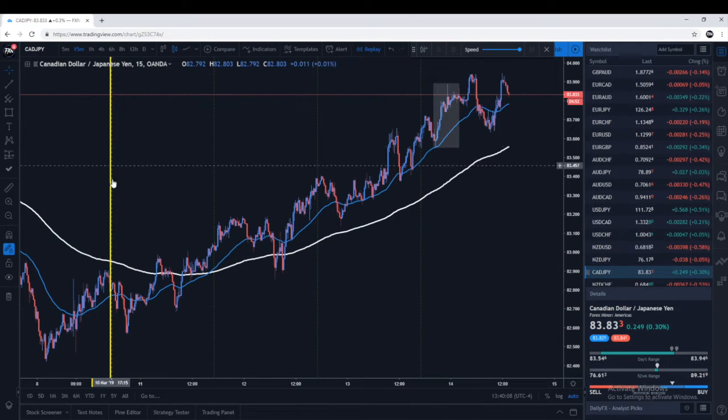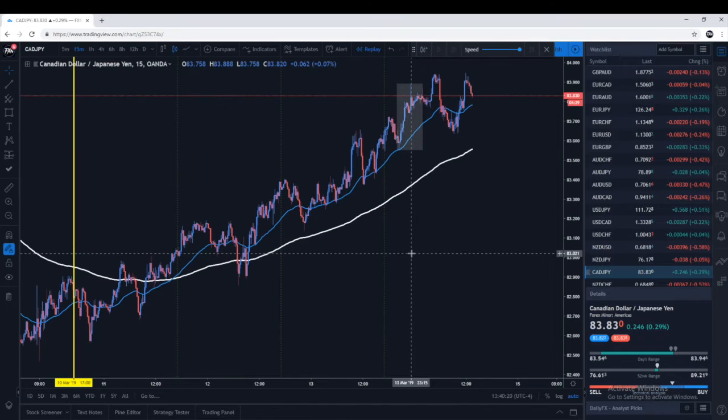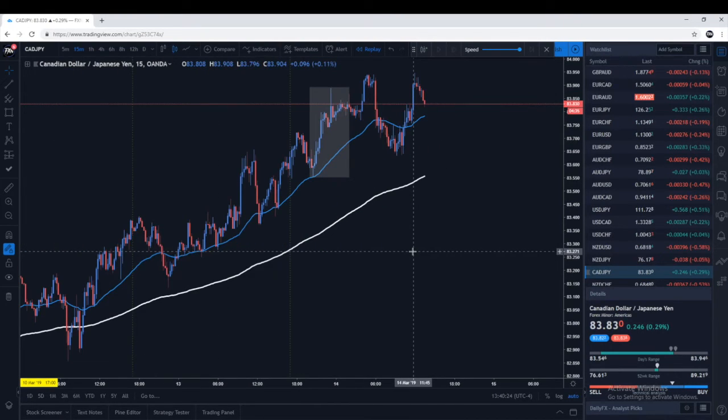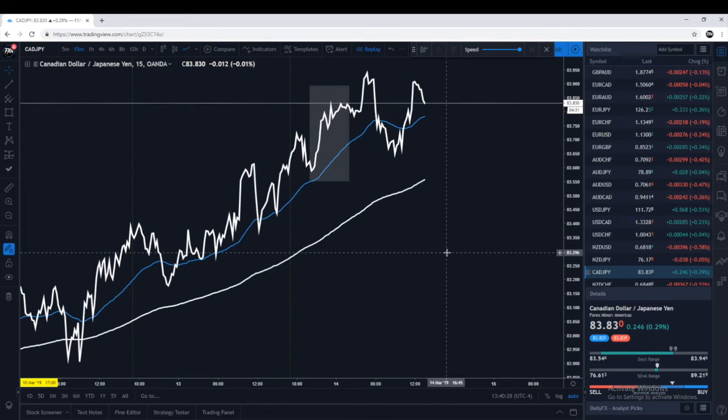This is the beginning of the week here, and what have we done since the beginning of the week? We've gone up 3.5 days. Okay, so after 3.5 days, what do we want to come? We want to come down, right? So if we look, can you see the M? Right? There's your trade right there.